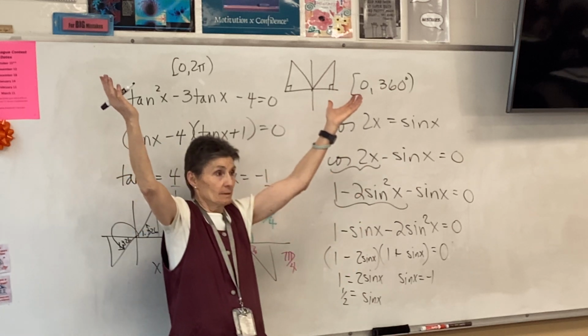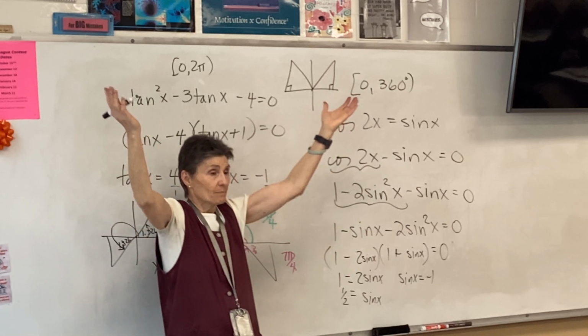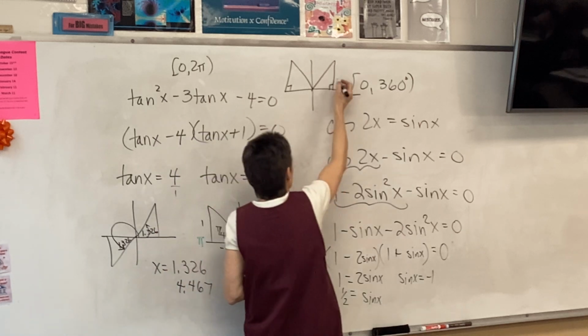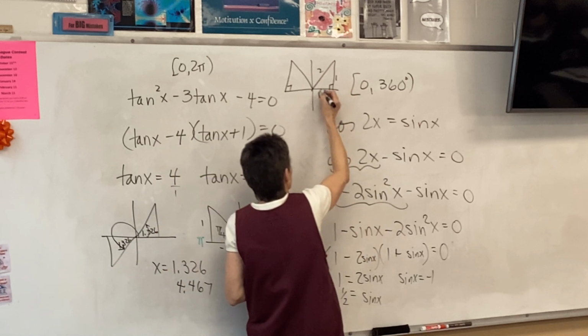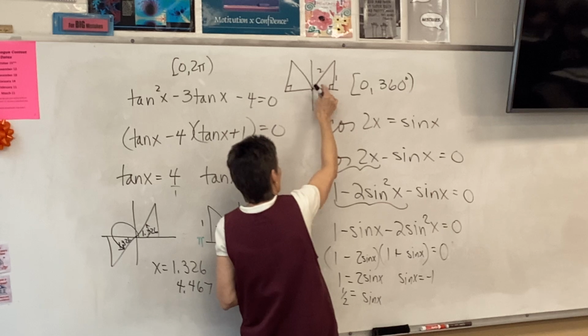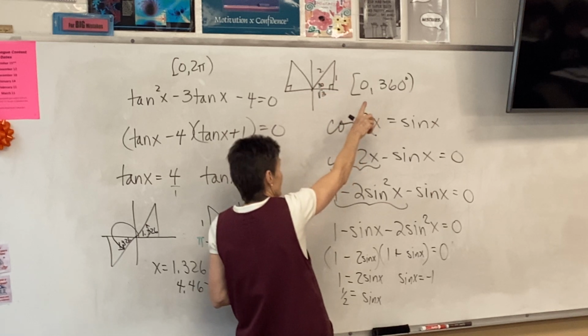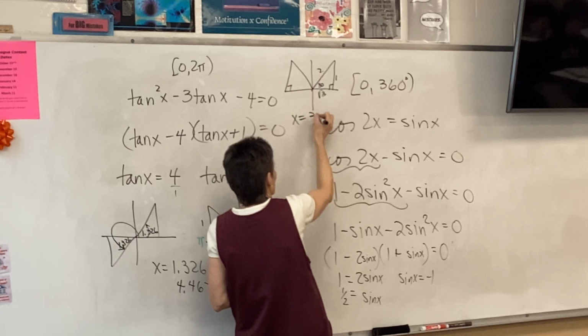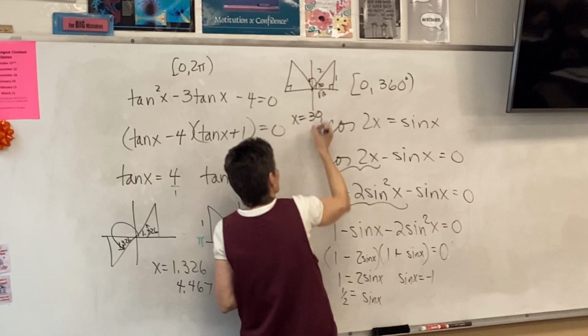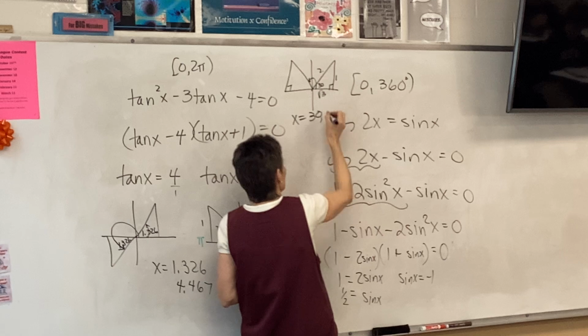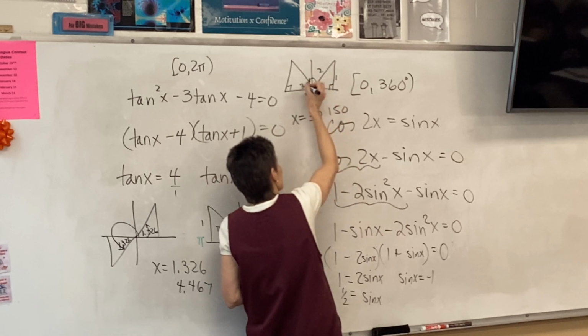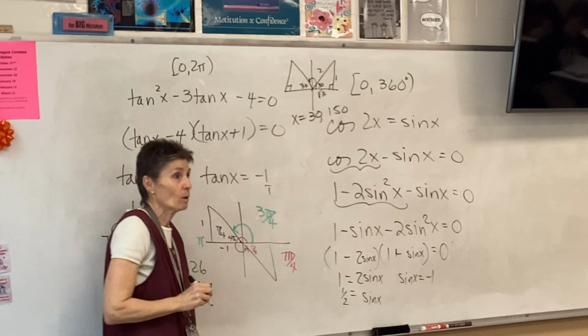Up. Now, if this is a 1 and this is a 2 and this is a √3, how big is that angle? 30. I am in degrees, so my answers are 30 and 150, because that's also a 30.